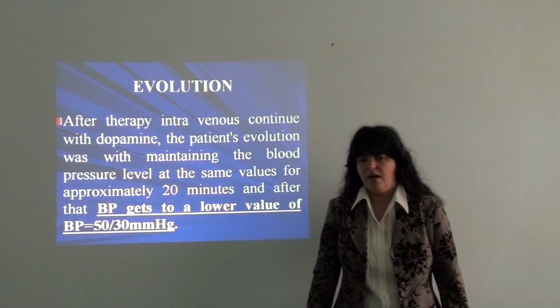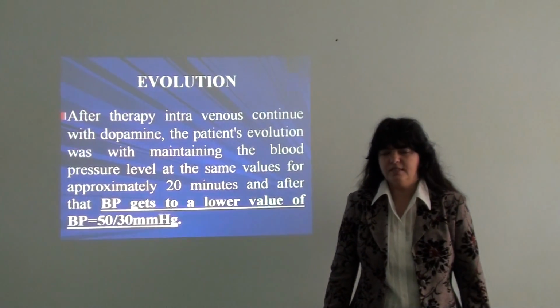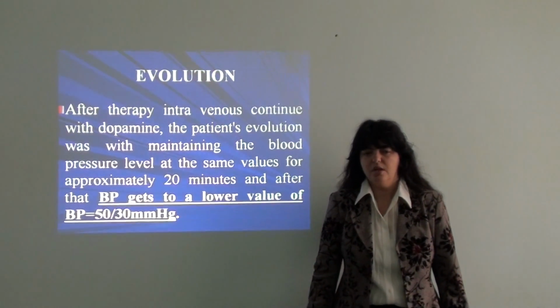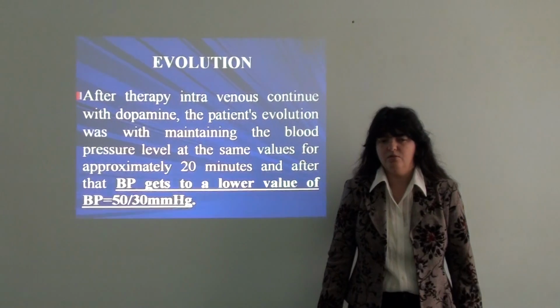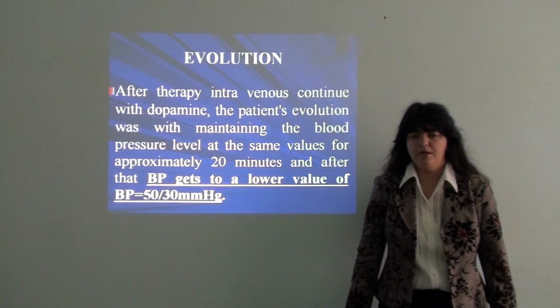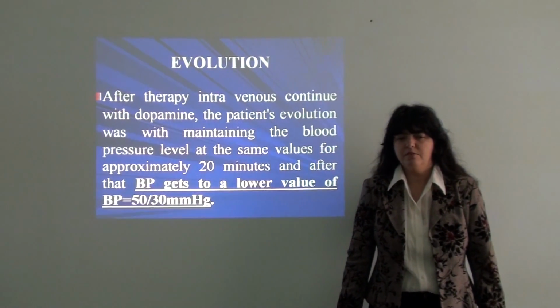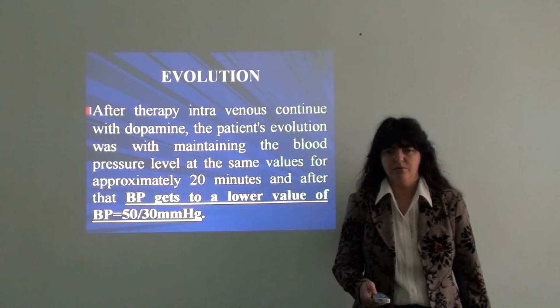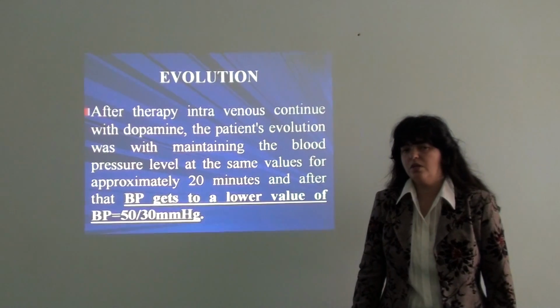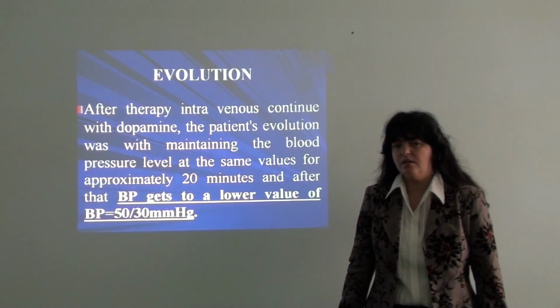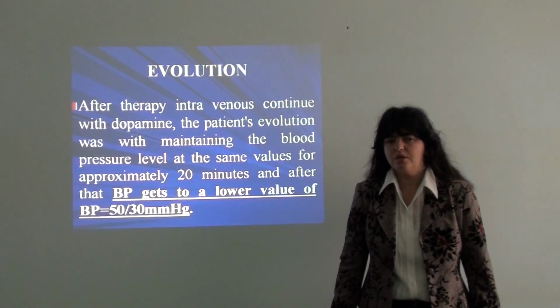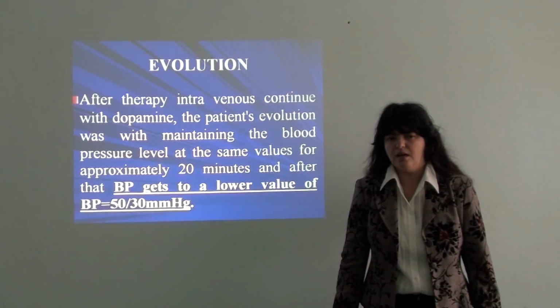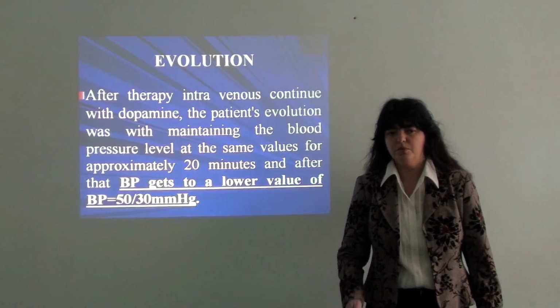But unexpectedly, after that, the blood pressure dropped to a lower value, respectively 15 per 13 millimeter mercury. So the conclusion was that the value of blood pressure became low during continued perfusion with dopamine.